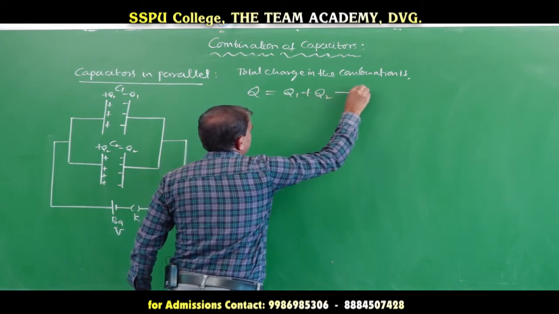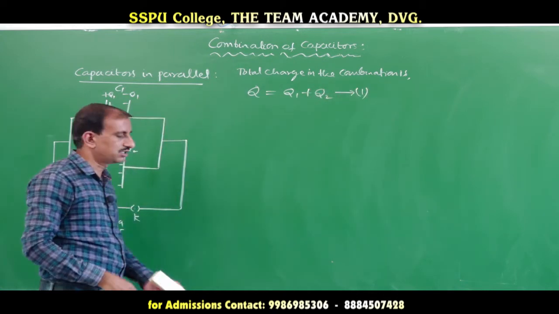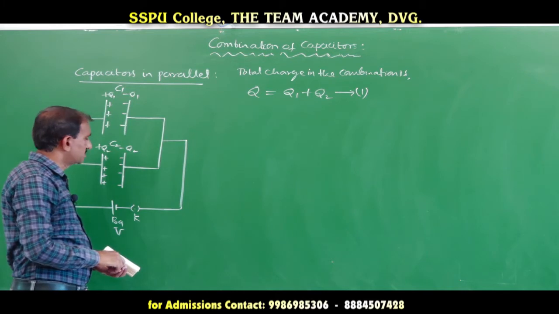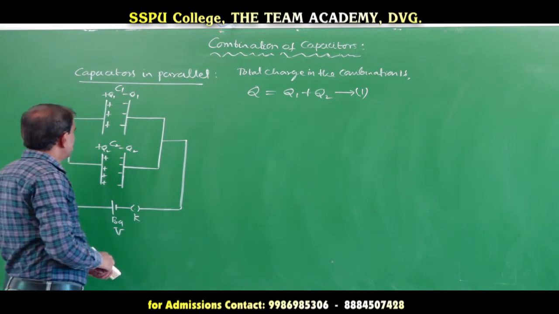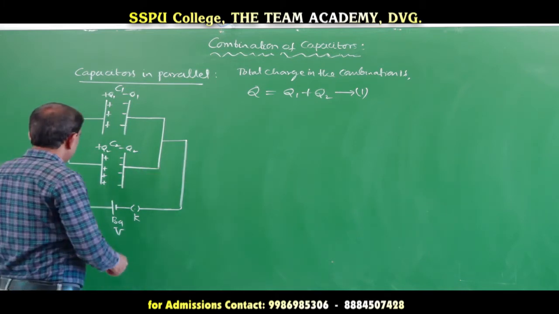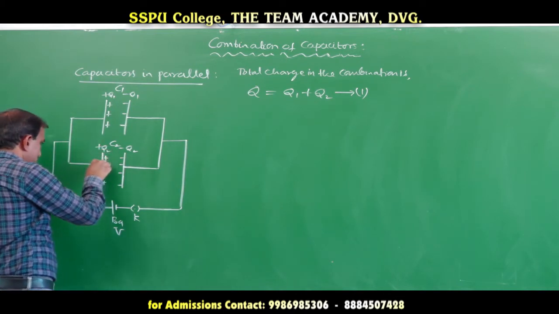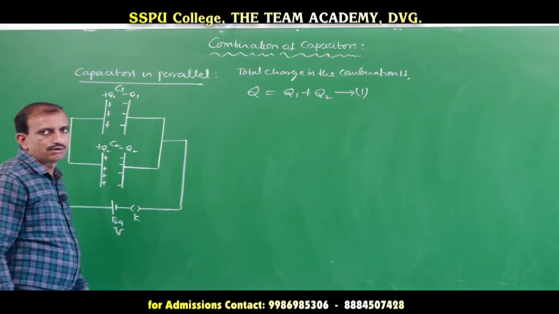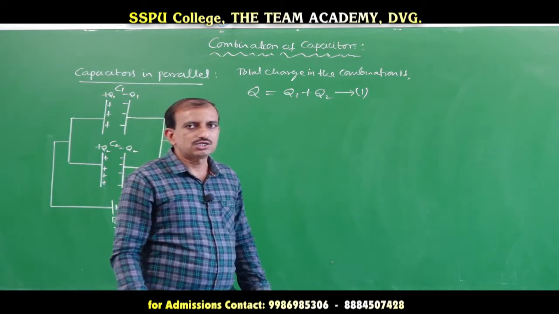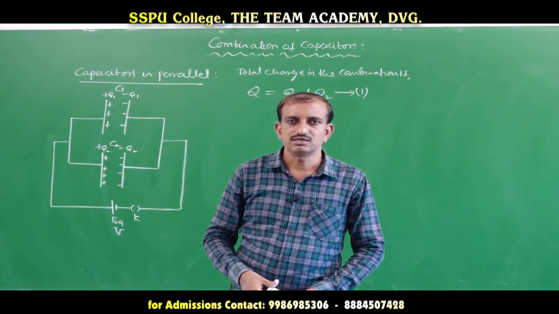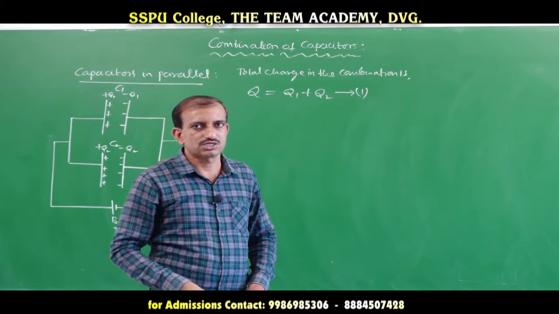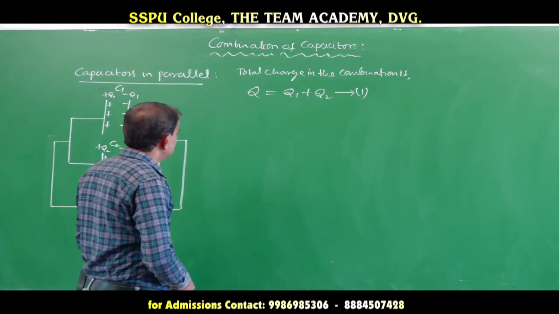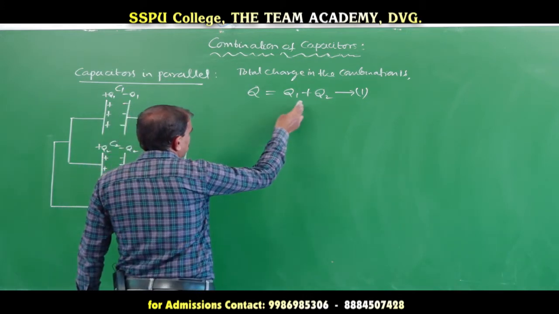Call this equation number 1. When the capacitors are connected in parallel, the charge on each capacitor is different and the potential difference across each capacitor is the same. Therefore, Q is equal to Q1 plus Q2.